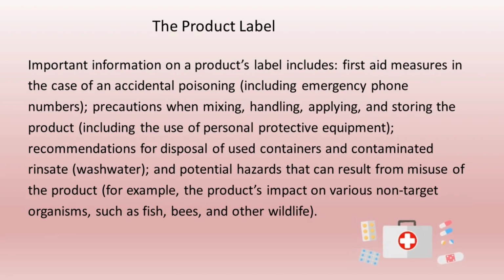Important information on a product's label includes first aid measures, in the case of an accidental poisoning, including emergency phone numbers, precautions when mixing, handling, applying, and storing the product, including the use of personal protective equipment, recommendations for disposal of used containers and contaminated rinse water or wash water, and potential hazards that can result from the misuse of the product. For example, the product's impact on various non-target organisms, such as fish, bees, and other wildlife.